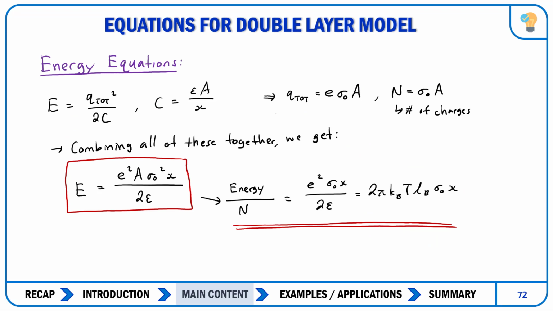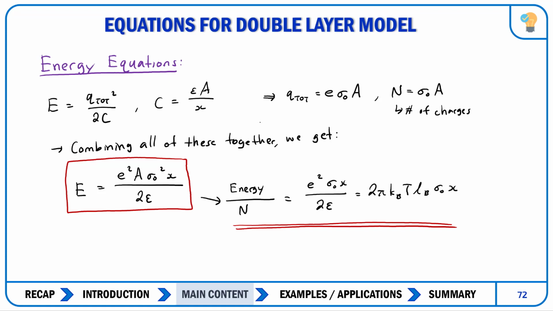Okay, so we've taken a look at one DNA helix, or just basically one strand of DNA, and we looked at the energy and potential equations for that. We then considered a capacitor model for a double layer when we're trying to wrap the DNA around the histone, and we also came up with these equations for the double layer model. We now want to look at DNA as a charged rod.